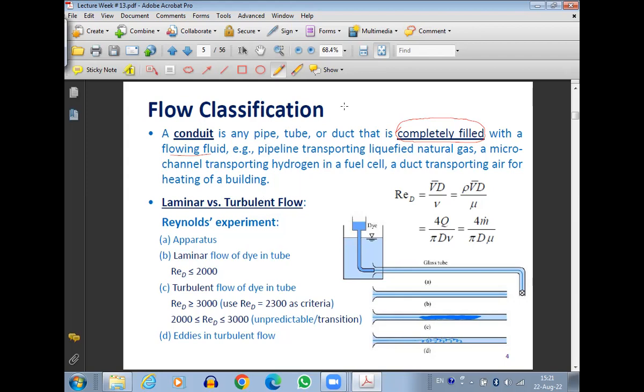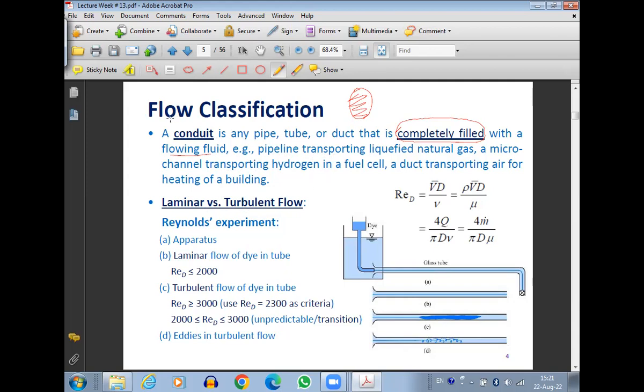If I have a pipe completely filled with that fluid, then this is known as a conduit. Examples include a pipeline transporting liquefied natural gas, a microchannel transporting hydrogen in a fuel cell, and a duct transporting air for heating of a building.